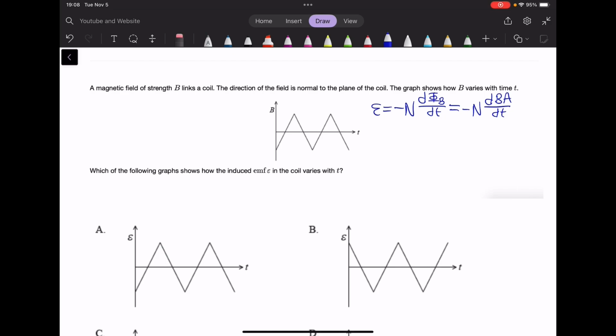The area remains constant, so the expression becomes N multiplied by A multiplied by dB over dt. And we have a graph of B versus t. So basically this term here is the slope of the graph for B versus time, which is given by the graph right here.